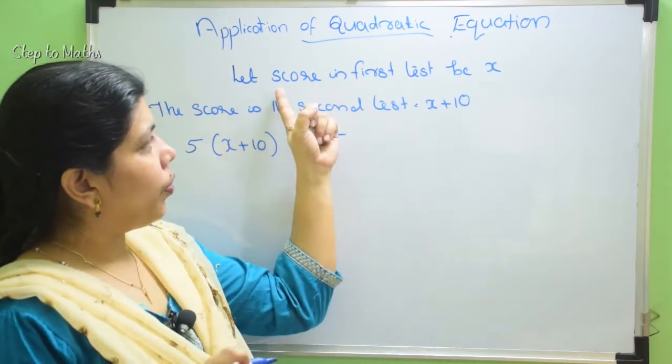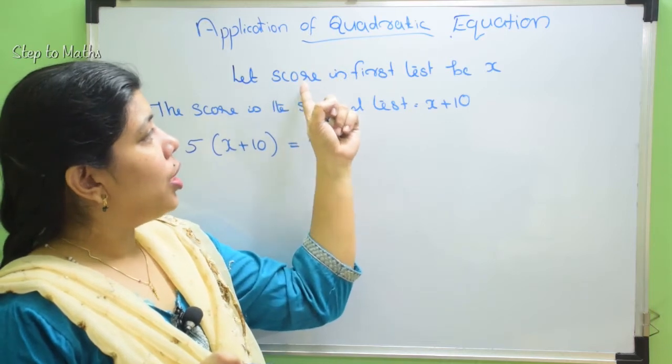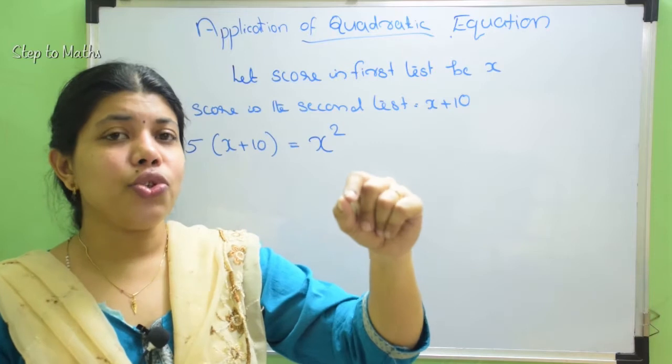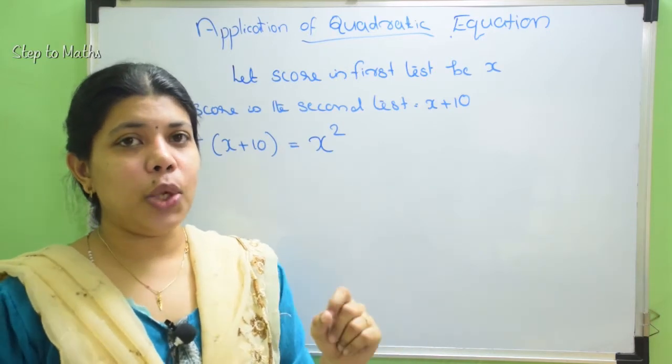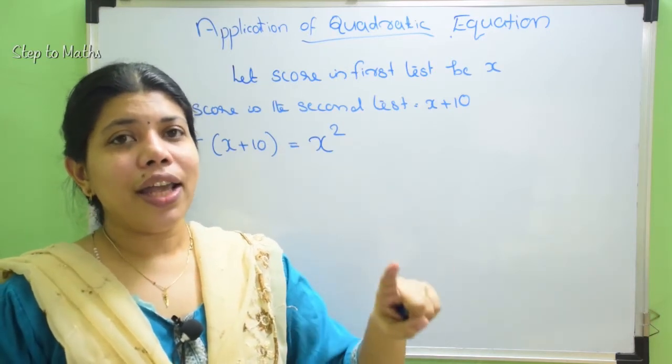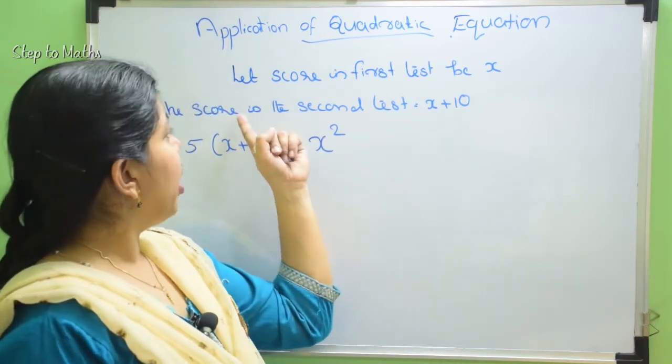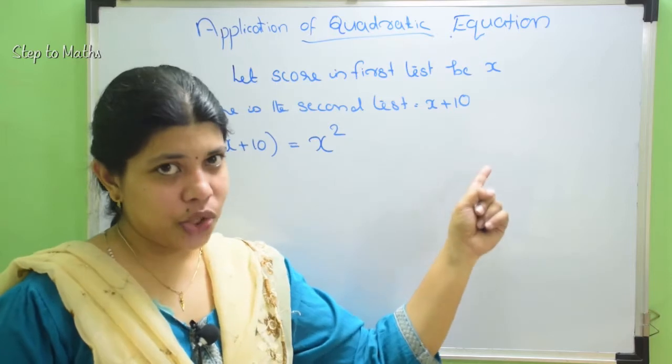We take the score in the first test as X, and the first condition is given: he scored 10 marks more in the second test. So the score in the second test is X plus 10.